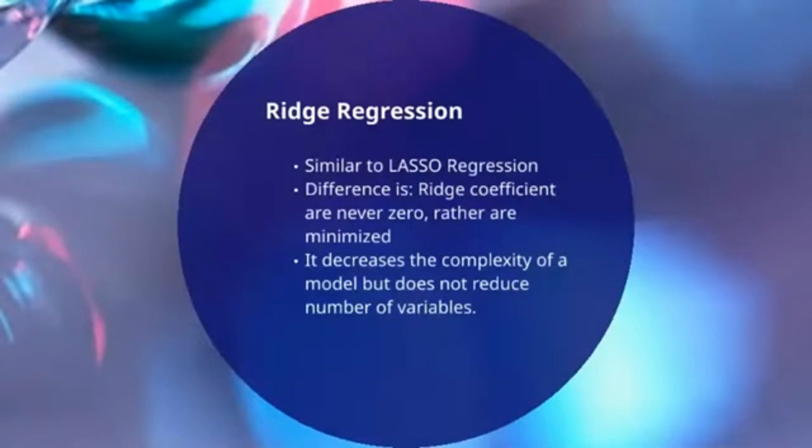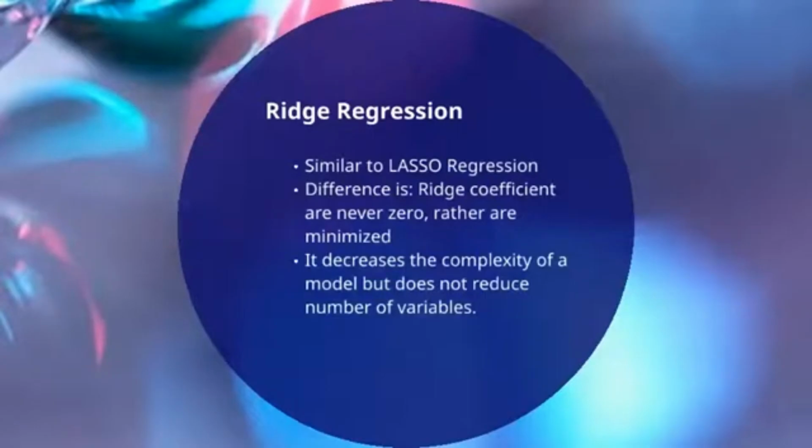Now let's move on to L2 regularization, which is also known as ridge regression. This is similar to lasso regression, but the difference is that the ridge coefficients are never zero; rather, they are minimized. I'm talking about coefficients and slope because they use the equation of a line, y equals ax plus c, with various variations in the values of the parameters.